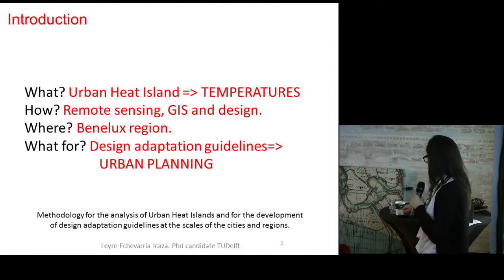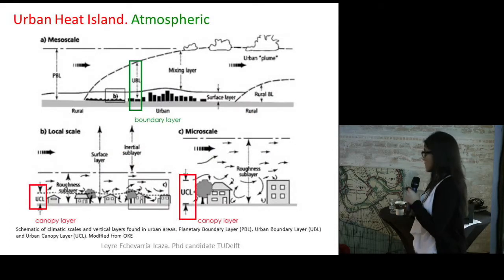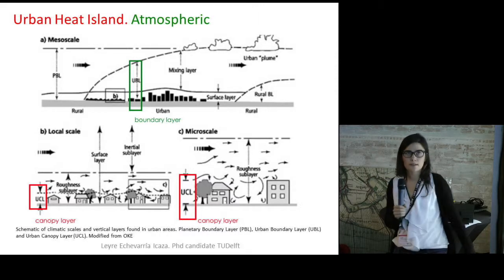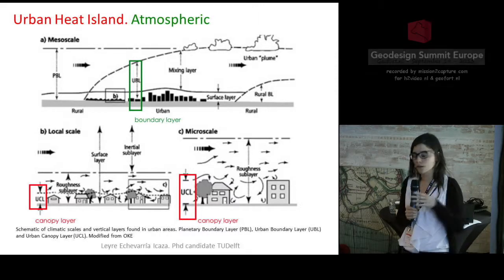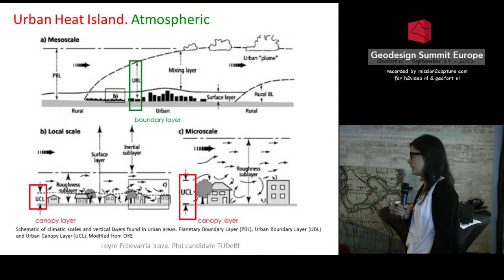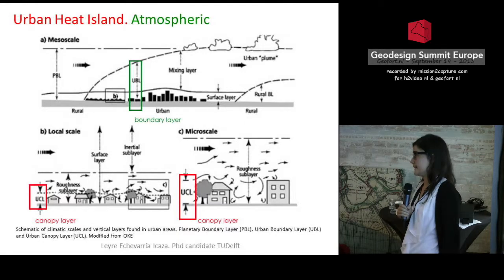So typically this is the urban heat island scheme. My promoter Frank van der Hoeven spoke about it in the previous lecture. We have atmospheric heat islands, and we also have surface heat islands.